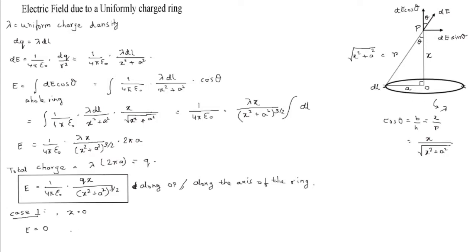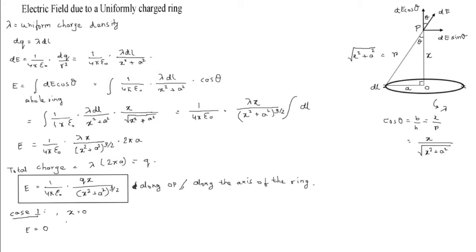Again, this comes from intuition. As the point P closes down to point O, this theta increases, and at point O the theta is 90 degrees.